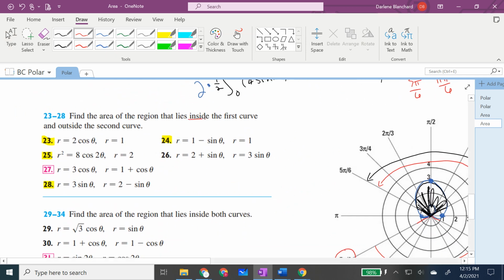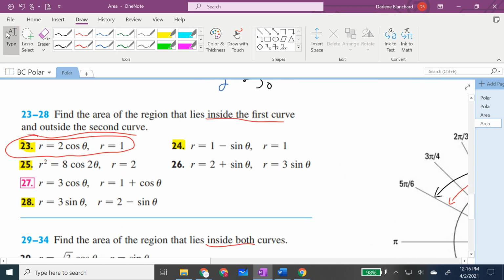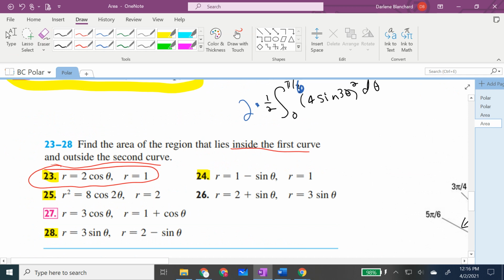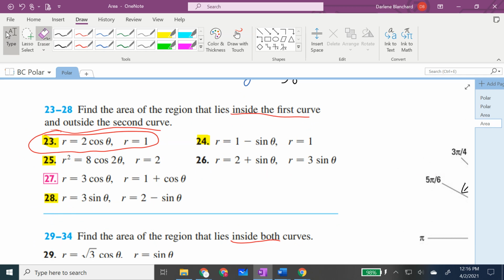There's area inside first curve, outside second curve, and then there's area inside both. And I'm just going to do everything in one. So I'm going to take this because I need to talk about some of the graph issues going on there. There are others I would like to do, but our time is limited.